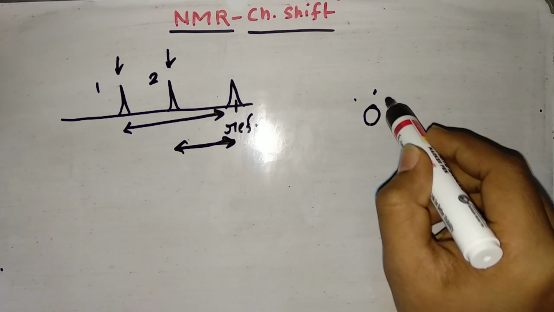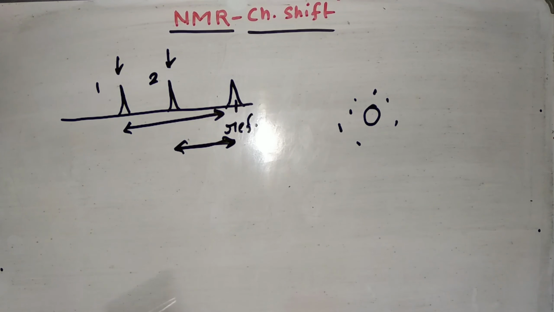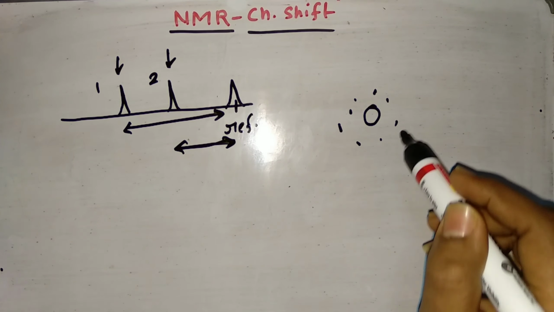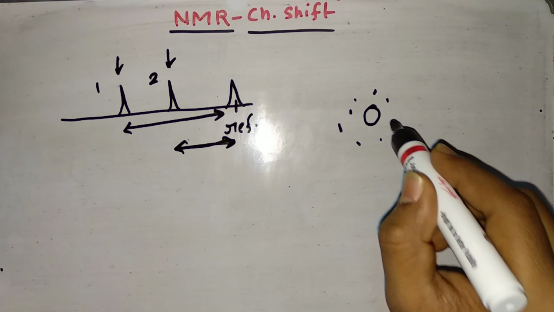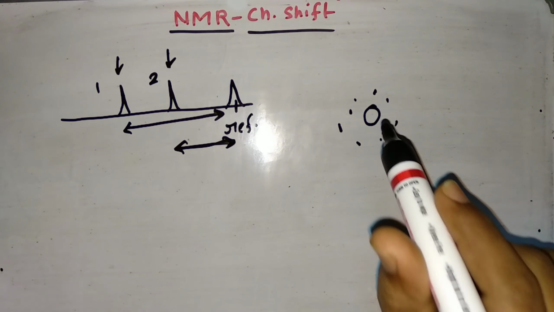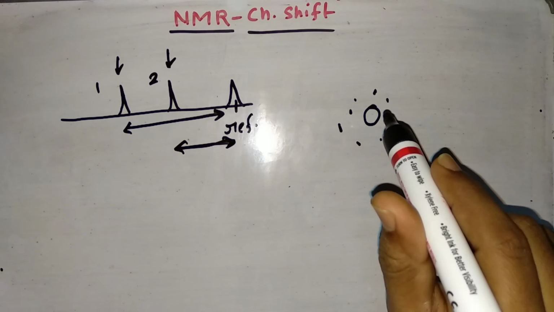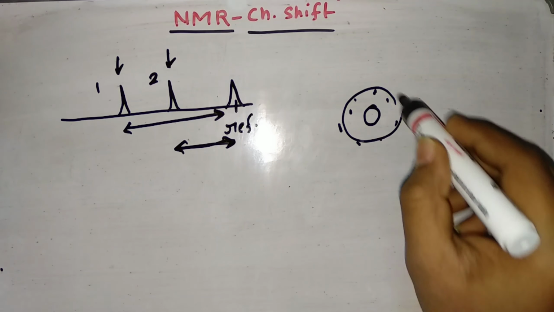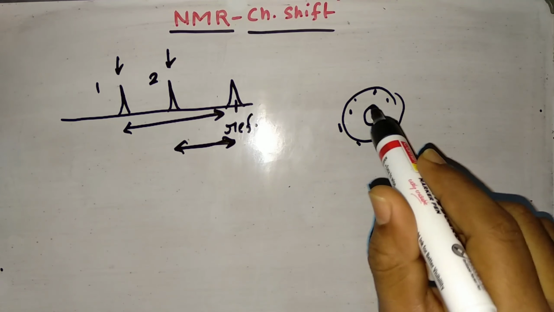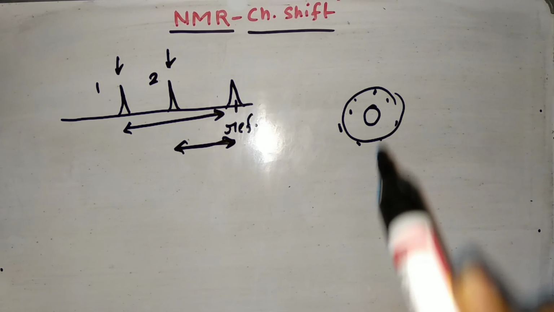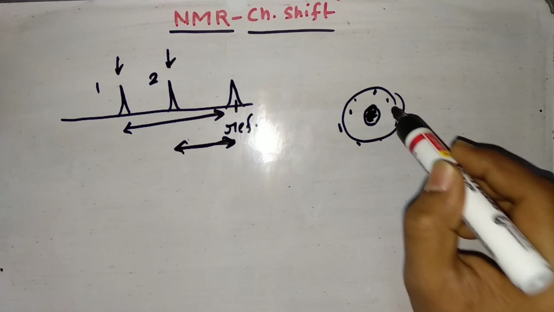These electrons, of course, are negatively charged species, and they create their own magnetic field because of the circulation of the electrons around the nucleus in a three-dimensional manner. So during circulation, the electrons create a magnetic field around the nucleus.